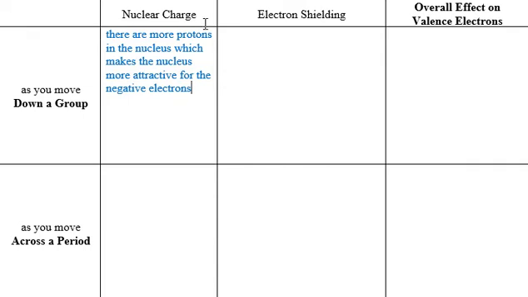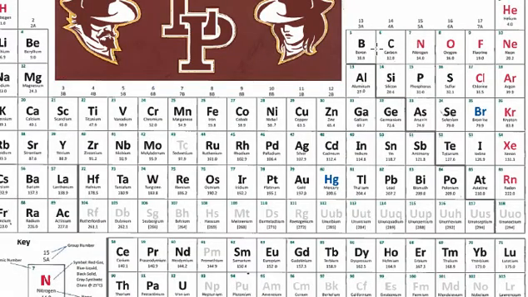All right, electron shielding. Now I really want you to think of this as layers of electrons in the atom. Every energy level represents a different layer of electrons. They're in their orbitals, but they're also at different distances from the nucleus. Energy level 1 is the closest to the nucleus, least energy. And as you move out, away from the nucleus, you're getting more and more energy. So again, if we go back to our periodic table, as we move down a group, we're getting lots more energy levels here.